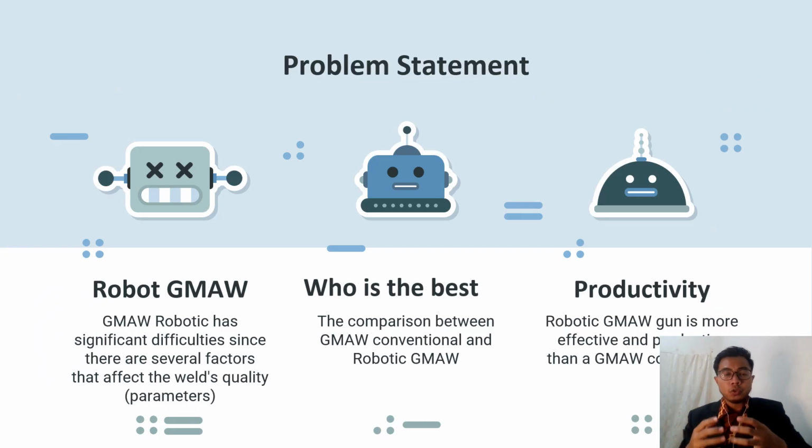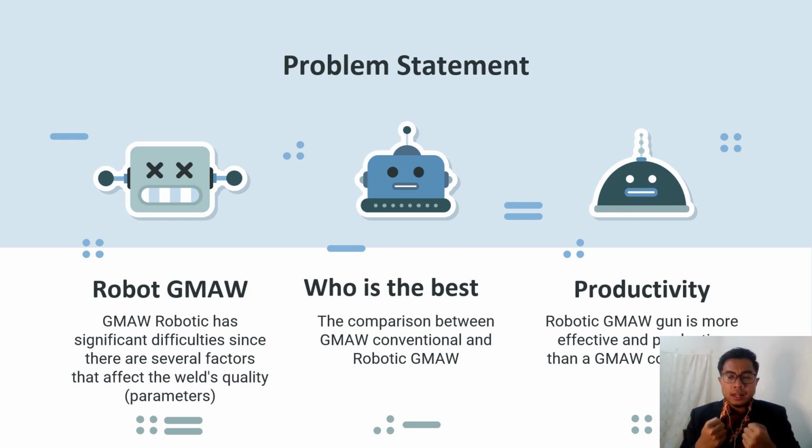We are going to the problem statement for this research. Firstly, robotic GMAW has a significant difficulty since there are several factors that affect the welding quality. In this case, I would like to focus on the welding parameter.